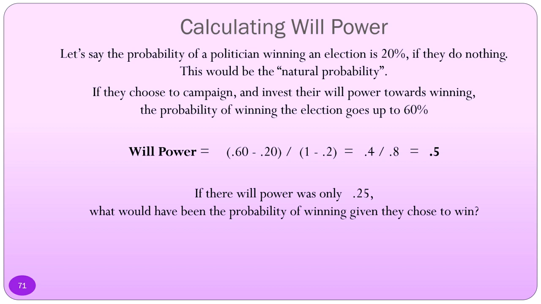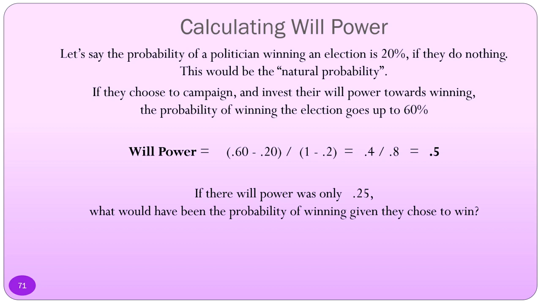Now, what happens if their willpower was only 0.25? Well, if their willpower was only 0.25, then it would be 0.25 times how much they could change it. So how much you could change it was the 1 minus 0.2, or 0.8. So 0.25 times 0.8, that's 0.2, or 20%.